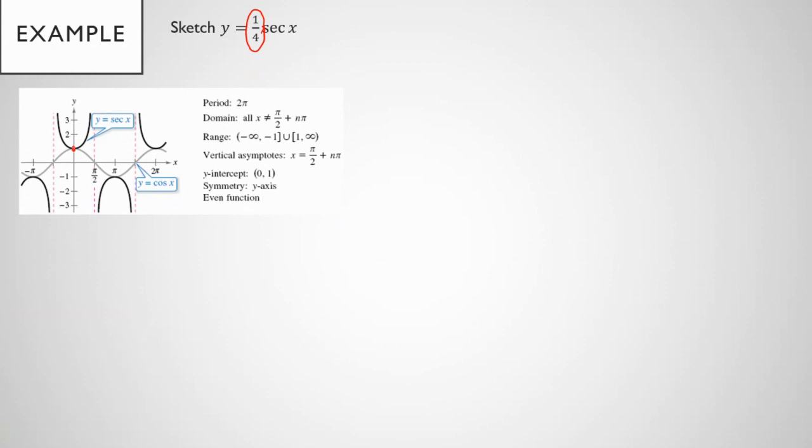Normally our little peaks are at 1. Now they're going to be at 1/4 because we're multiplying by that number in front. So here it's at -1, it's going to move to -1/4. But nothing else has changed. It's still secant of x. So this is easy enough to just understand that fact and graph it.